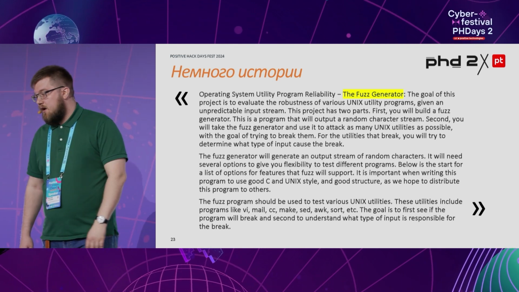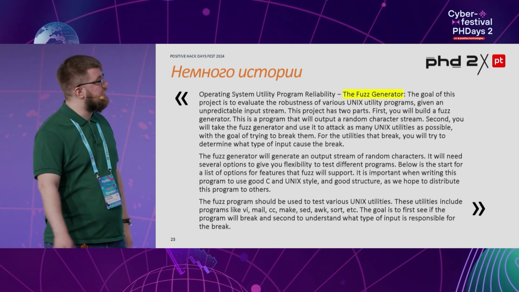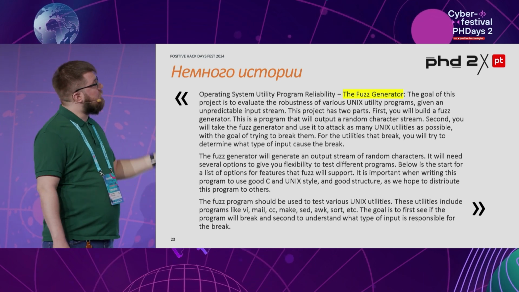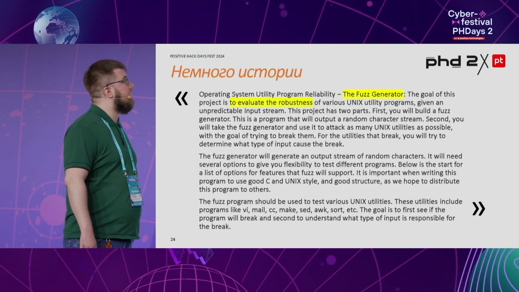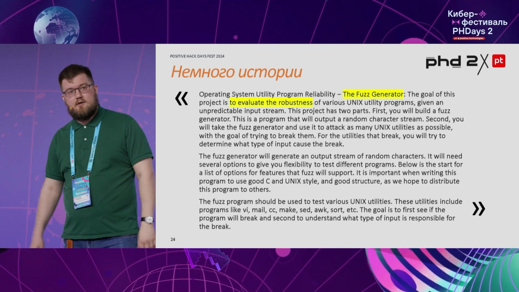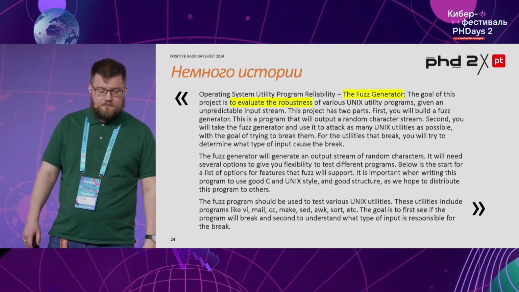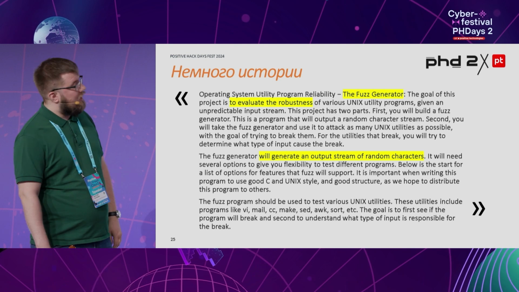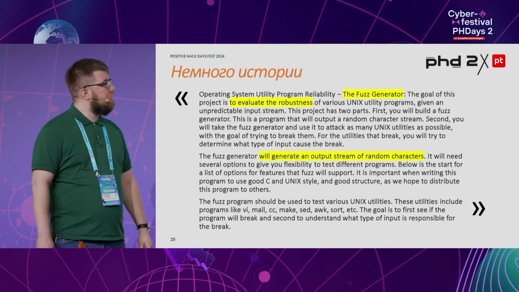The fuzz generator. First of all, that's the phrase that is going to be replicated across the world. Then he explains why this project: to evaluate the robustness of various Unix utilities. And then he explains how we do it.